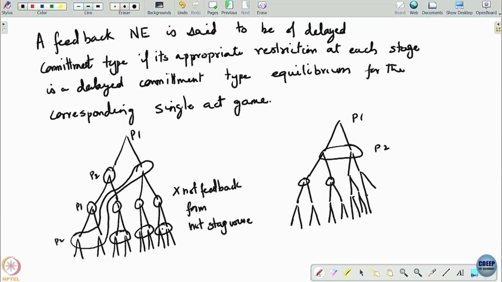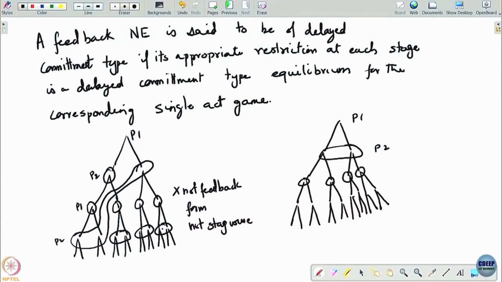So generally what we do is, as I said, it's more of a modeling device. You specify the stages. There is more than one way of specifying the stages, but you fix the stages first and then start drawing the information sets. That's a much more effective way. Otherwise, since there is more than one way of creating stages, you could have complications because of that.